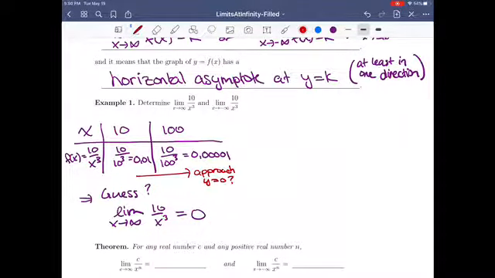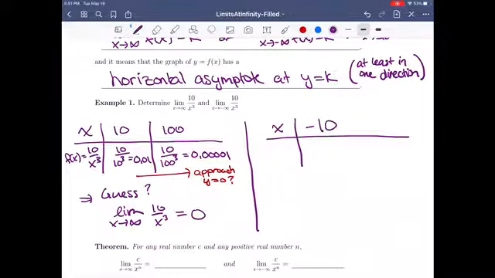Okay, what if we do it from the negative side? Same idea. I'm even going to use the same values, but negative. If I do 10 over negative 10 cubed, negative 10 cubed is negative 1,000. So 10 over that, I'm going to get negative 0.01. The same number, but this time it's negative.